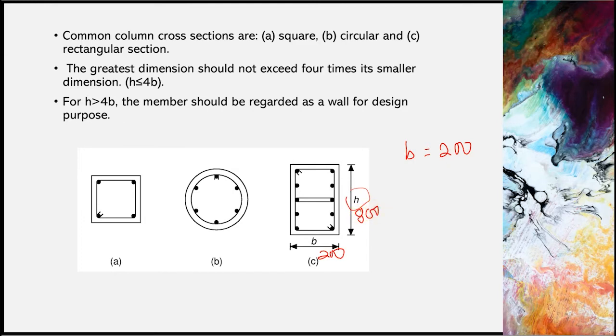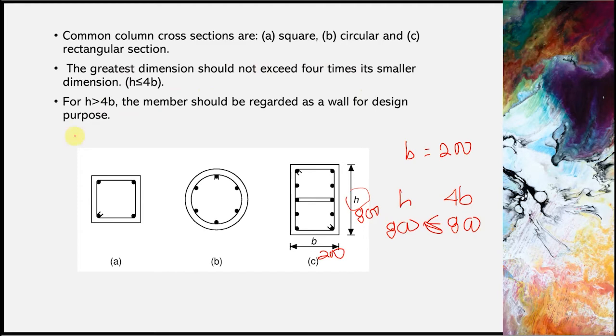When you multiply 200 with 4, because you kira 4B, 4 darab 200, you will get 800. So you compare dengan value of H. H here we put 800, so it means it is equal lah, less or equal lah.